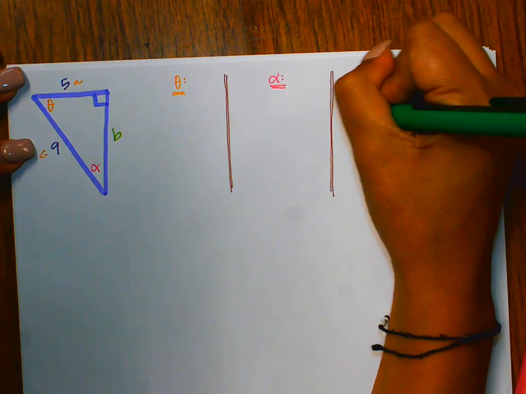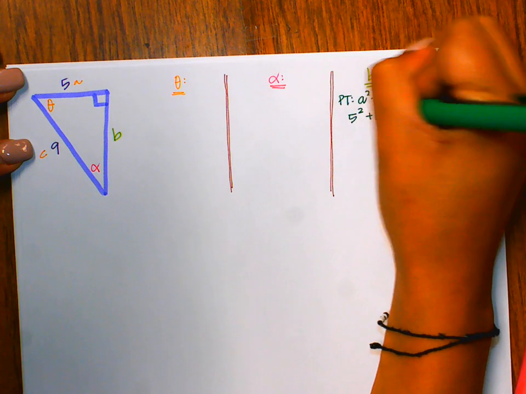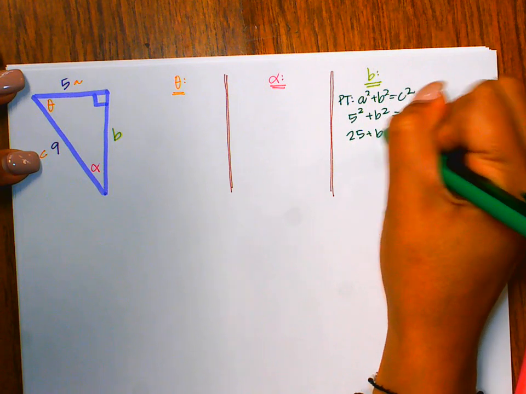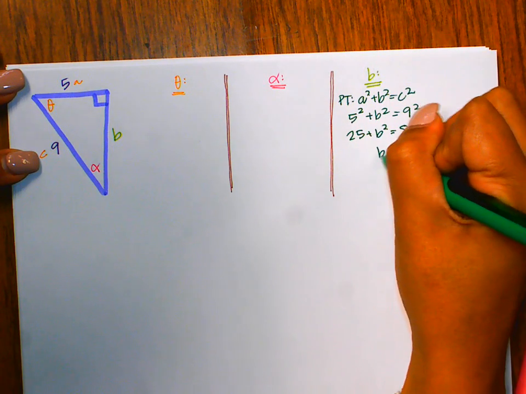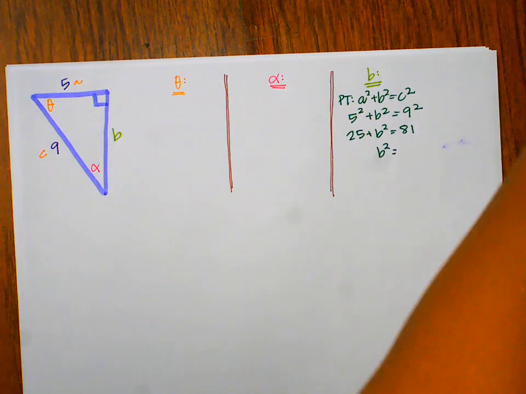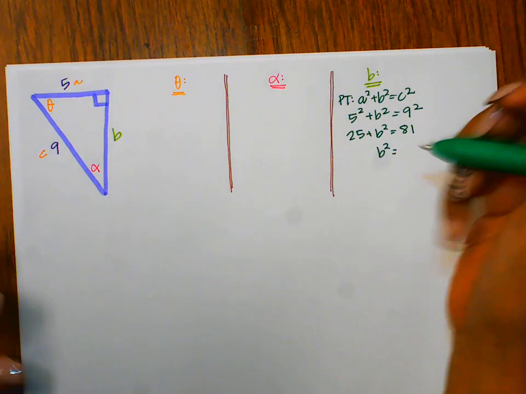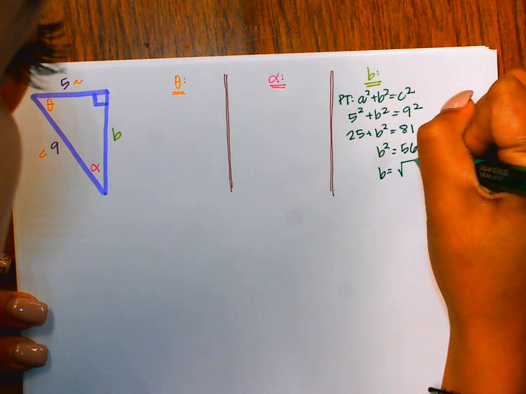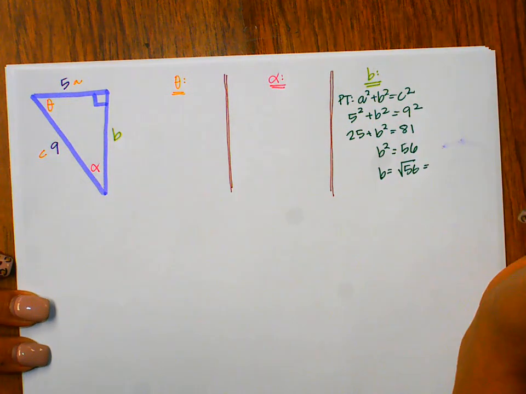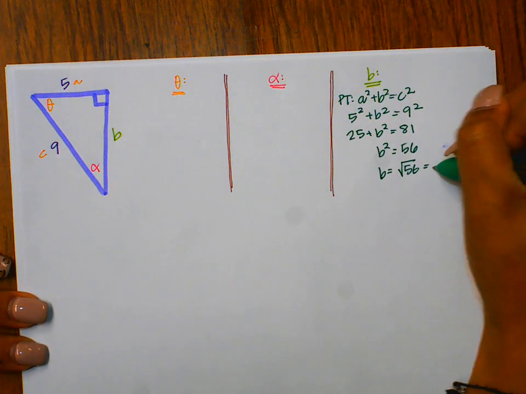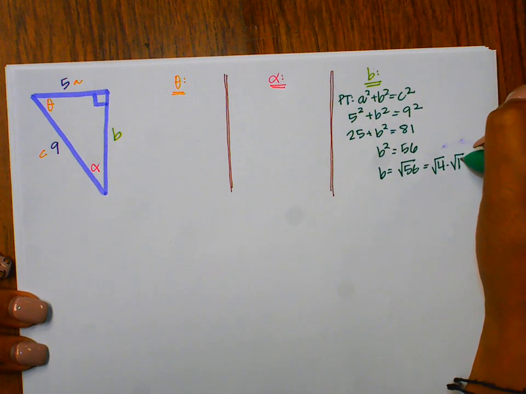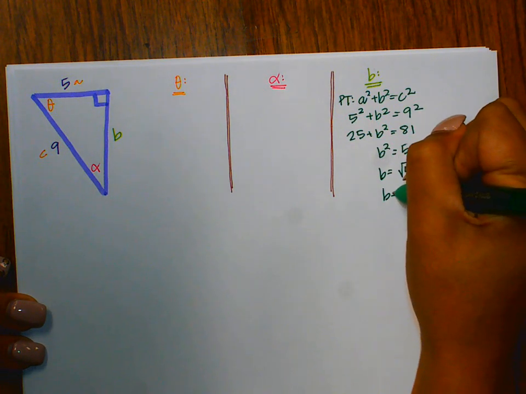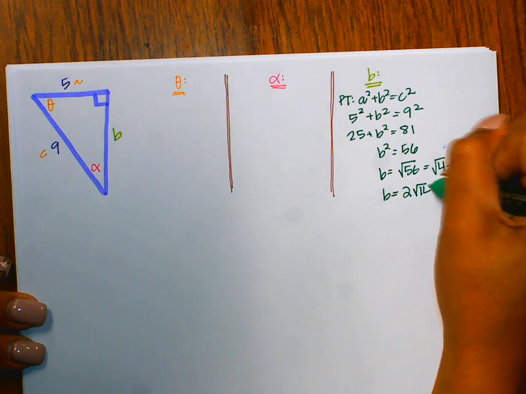So I have 5 squared plus b squared is equal to 9 squared.